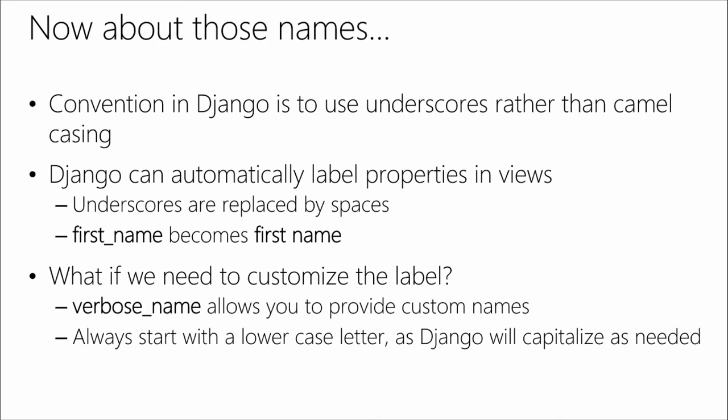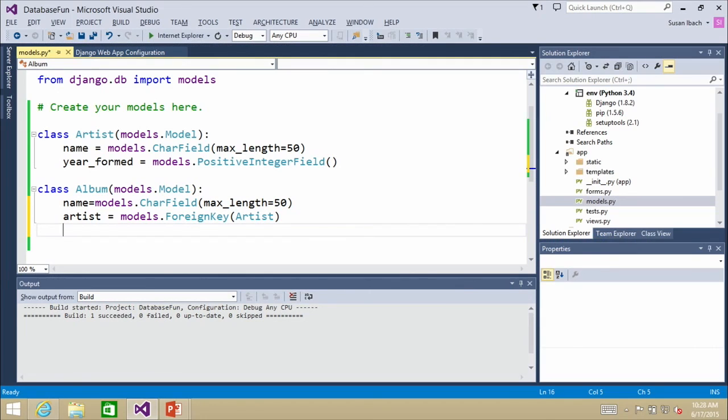If you want to customize the label, you don't like that, you don't want the name of your property necessarily to be the same as the label that appears on auto-generated forms, you can actually specify a parameter, just like we could specify size and whether it's nullable. There's a parameter called verbose_name, which allows you to give it custom names. So I can go back to my code here, and by default, it's actually the first field.